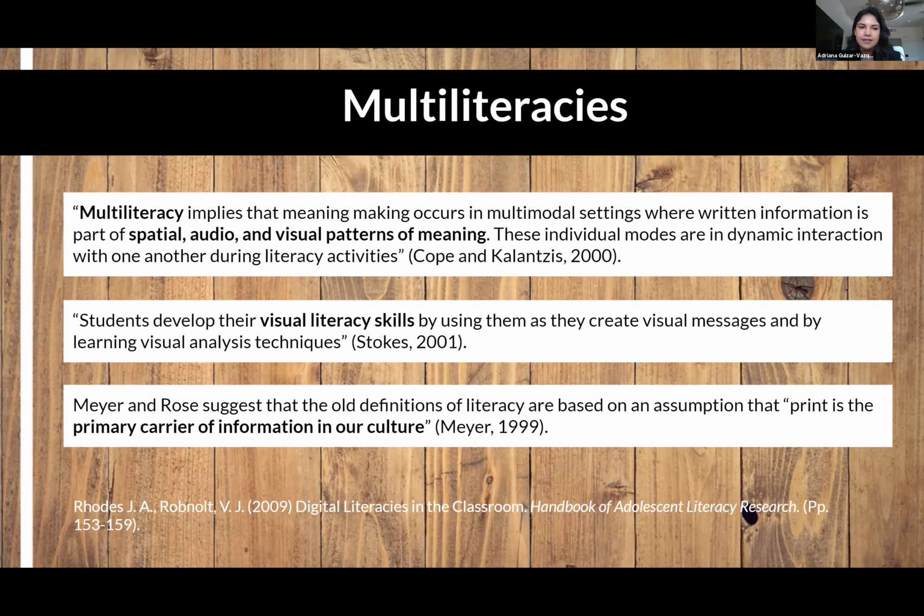The main goal of this multi-literacy approach is using our students' skills in spatial, audio, and visual patterns of meaning, really incorporating their visual literacy skills into the other forms of literacy that we want them to continue improving in, whether that is technology, our instruction aligned to Common Core, and the other skills that we build in our classrooms.